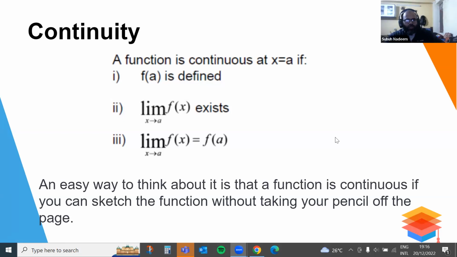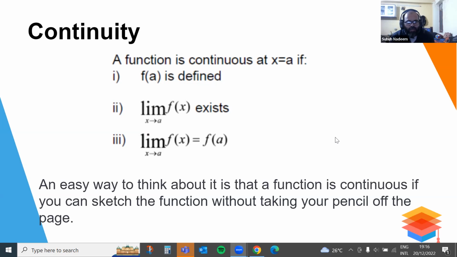So in this continuity, a function is continuous at x equal to a if f(a) is defined. First of all, f(a) should be defined. It must exist. If f(a) is not defined, it cannot be continuous. Second, the limit of f(x) as x approaches a exists.